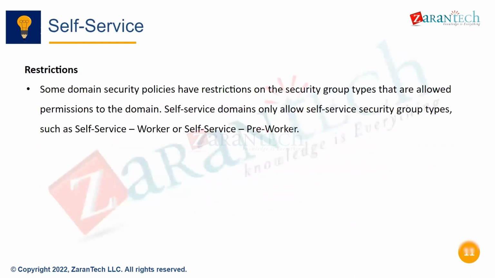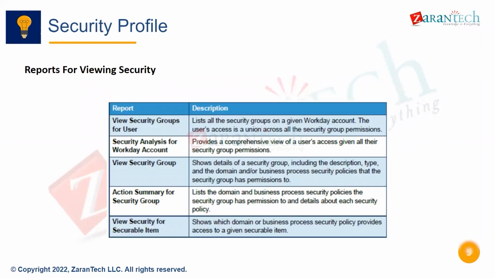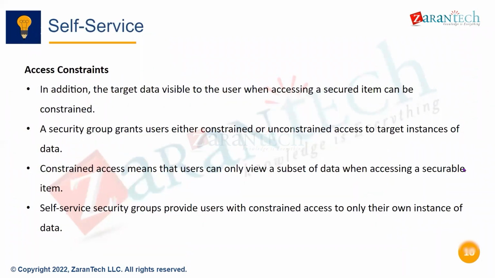Okay, we complete this. Now we have the self-service access constraint. In the previous class we were discussing constrained and unconstrained access, right? Constrained access means that you will be able to view only specific constrained data. Let's say location is the constraint.